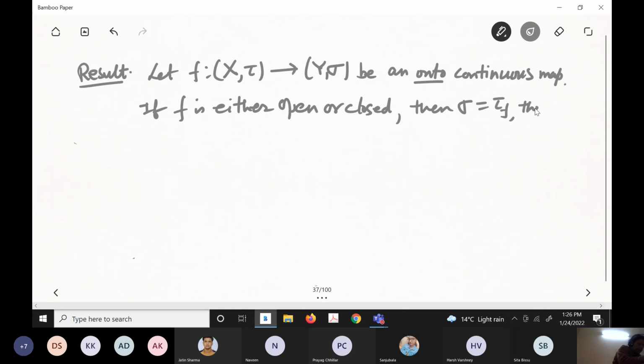That is, σ is the quotient topology τ_f on Y. Got it?